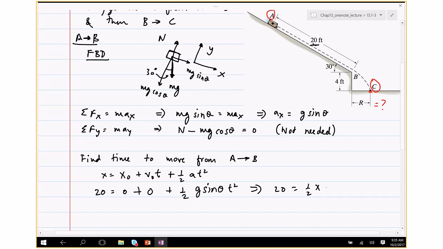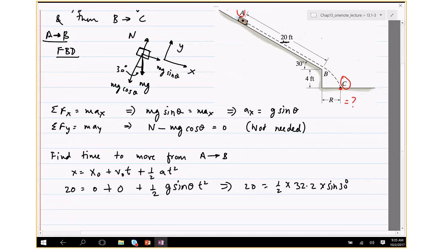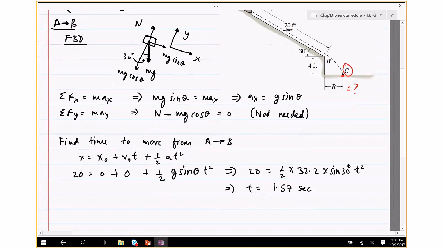So I think it's 32.2 times sine of 30 degrees times t square. So solving for t gives me, I get 1.57 seconds. Okay, so call it TAB.